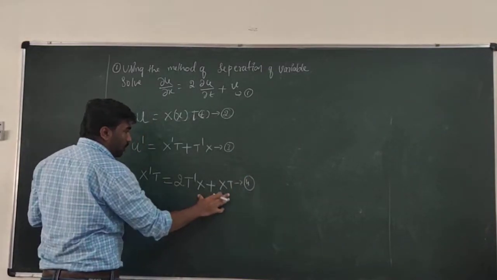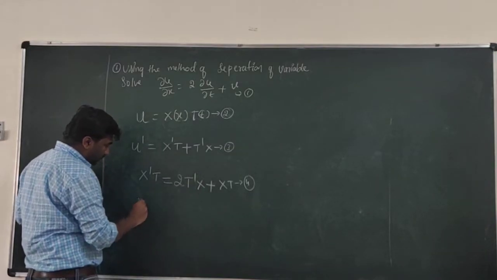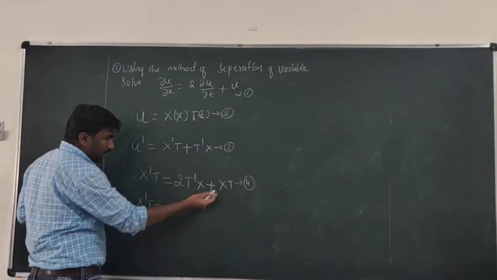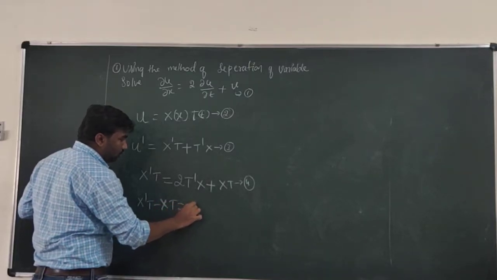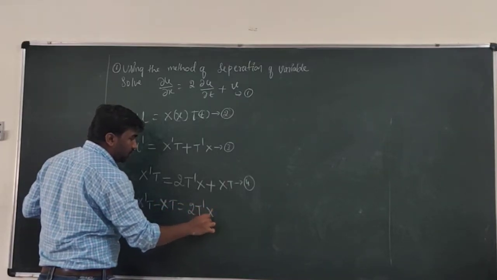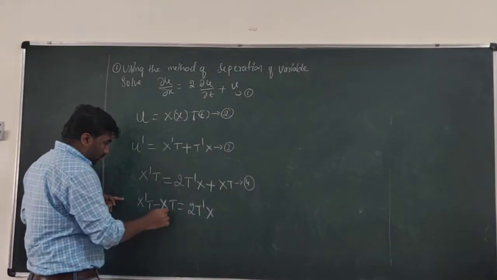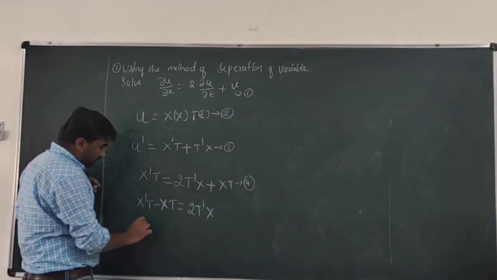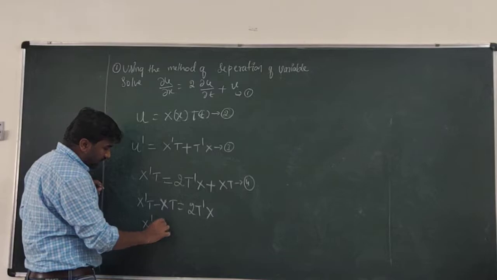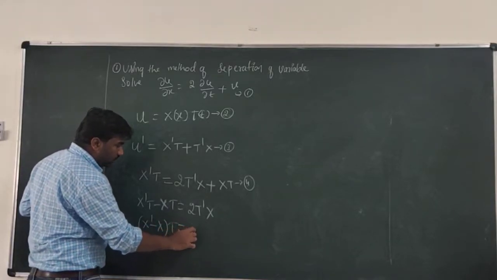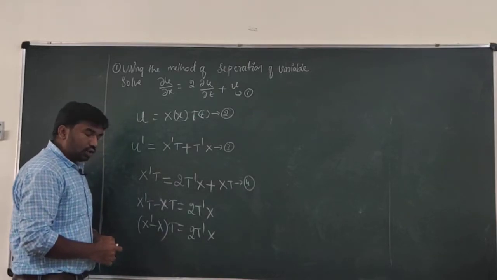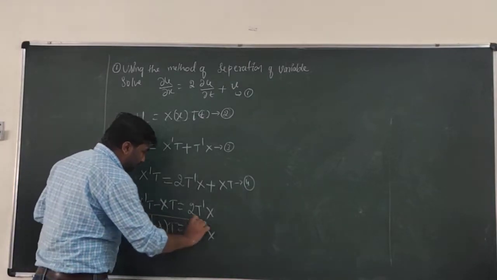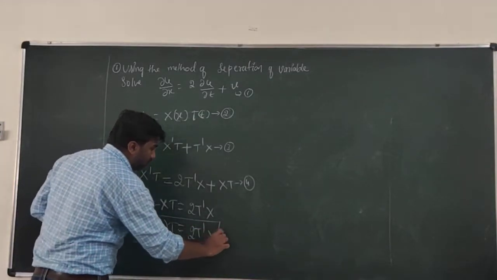Now I am going to rearrange equation number 4, that is X' T minus X T is equal to 2 T' X. Here T is constant, take that outside, so then you will get (X' minus X) T is equal to 2 T' X. Now I am going to separate the variables from this equation number 5.